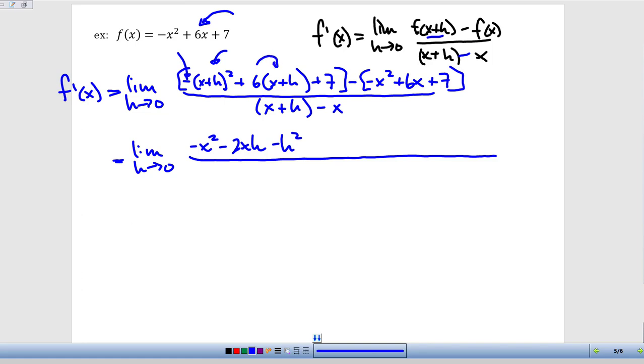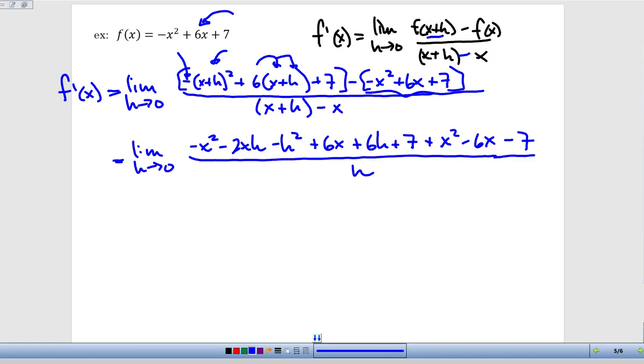Then we're distributing the 6, so we get plus 6x plus 6h, and then finally plus 7. And now into the set of parentheses here at the back end, we're going to distribute that negative, so we're going to get plus x squared minus 6x minus 7. And then in the denominator, x plus h minus x cleans up as always into just h.